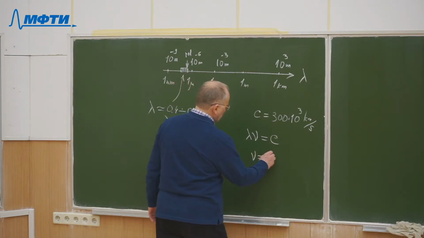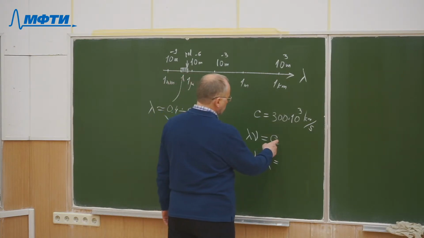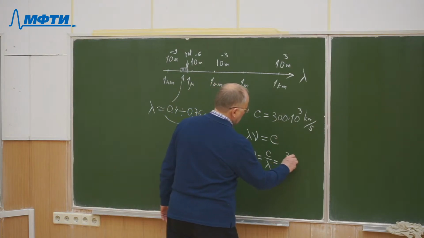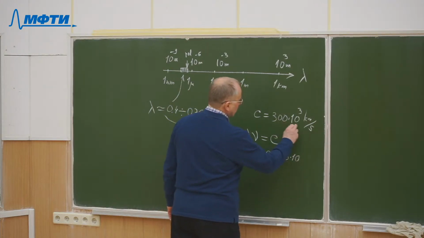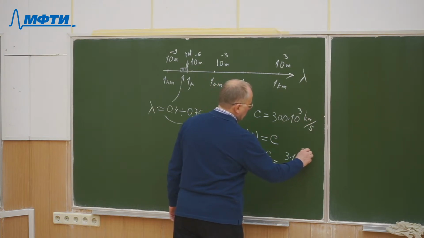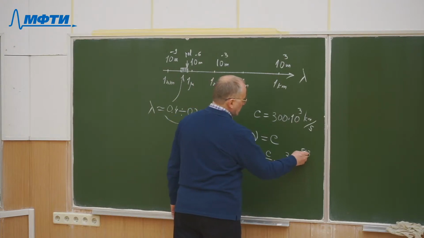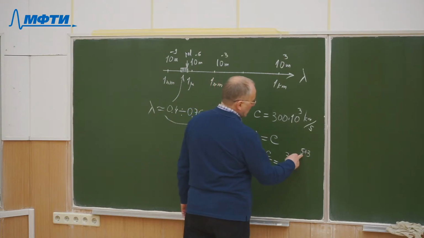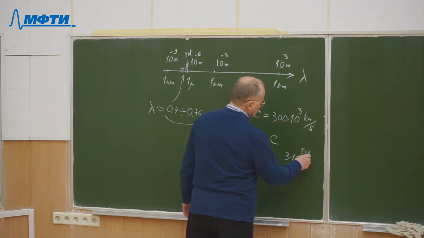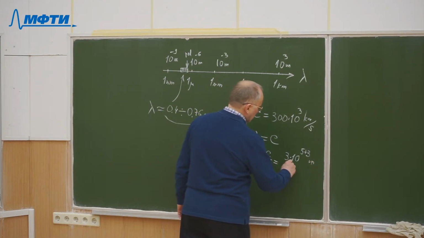And as far as light is concerned, we will find the frequency of light waves as 3 times 10 to the 5th power kilometers, and I would like to use meters in the international system. So the number of kilometers must be multiplied by 1000, 10 to the 3rd power, and that will be meters per second.